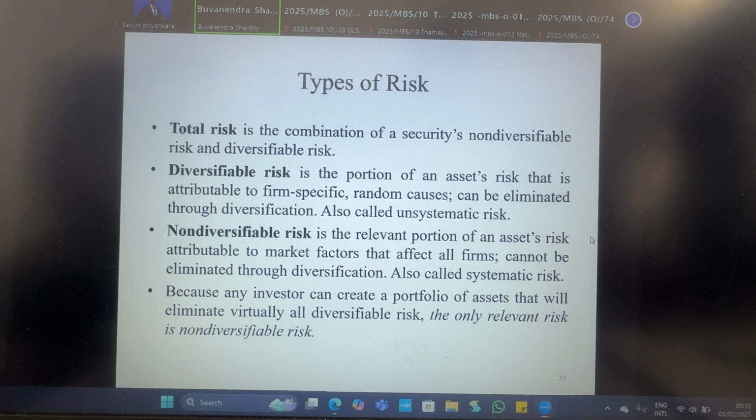You cannot control inflation rates, government policies, or market inefficiencies. So all the listed companies in the stock exchanges go through this risk. That is called systematic risk. So systematic risk is that.